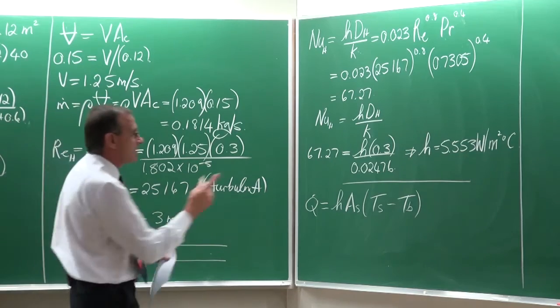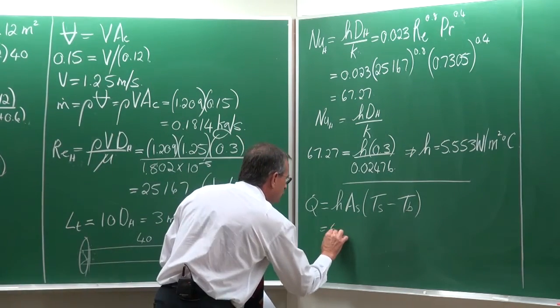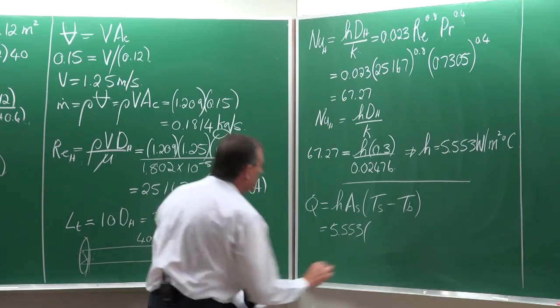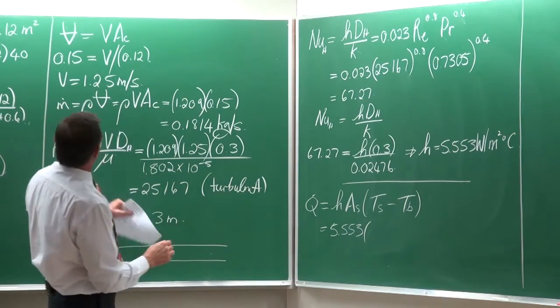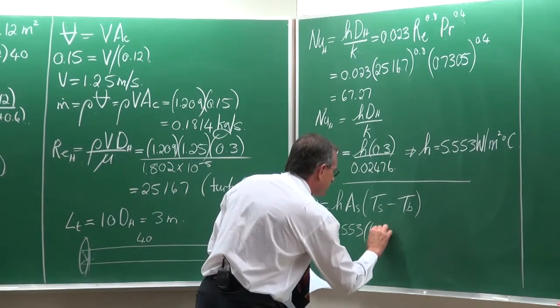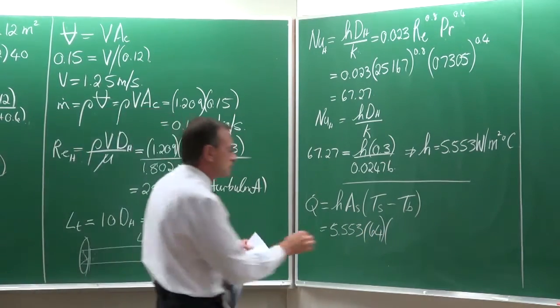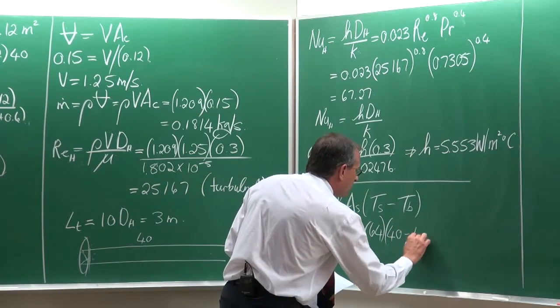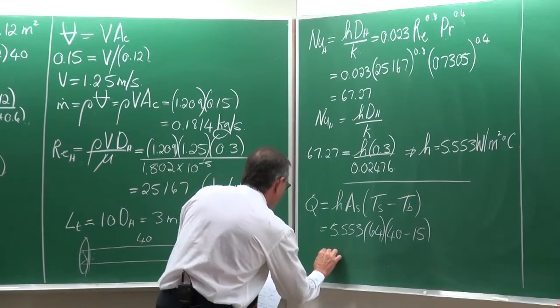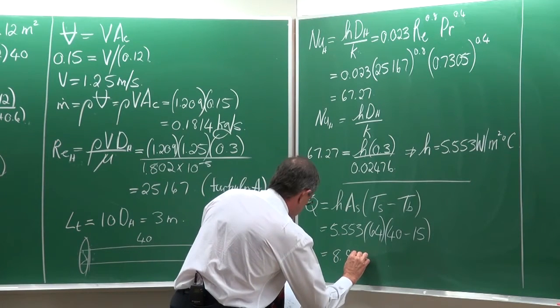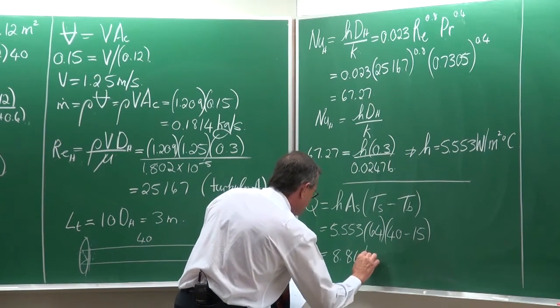The heat transfer coefficient is equal to 5.553 multiplied by the surface area, which is 64, multiplied by the surface temperature, which is 40, minus the bulk temperature, 15, and that gives me the heat transfer rate of 8.86 kilowatts.